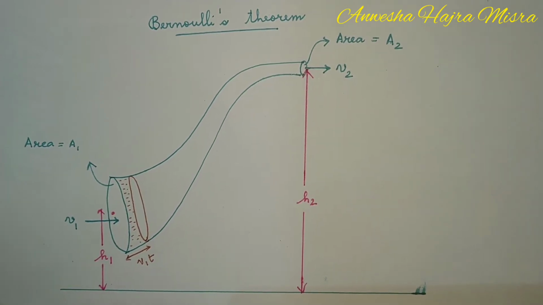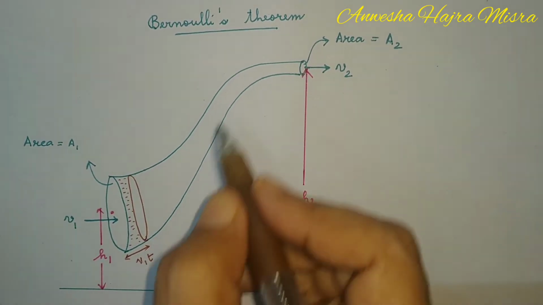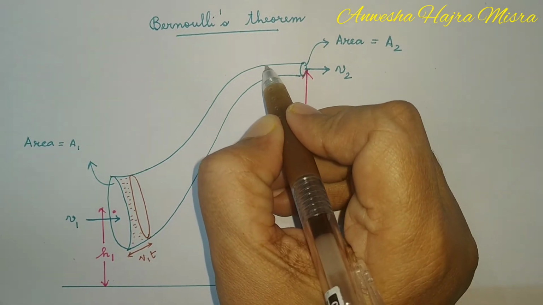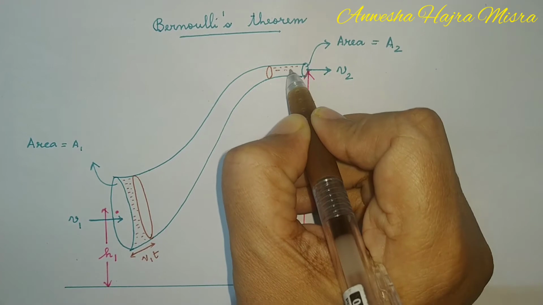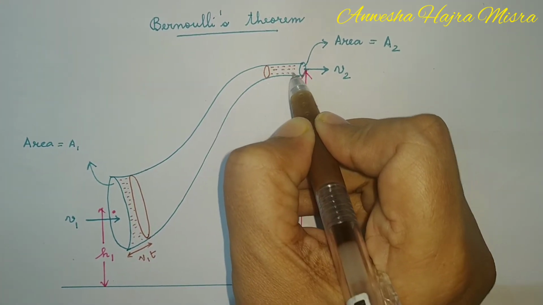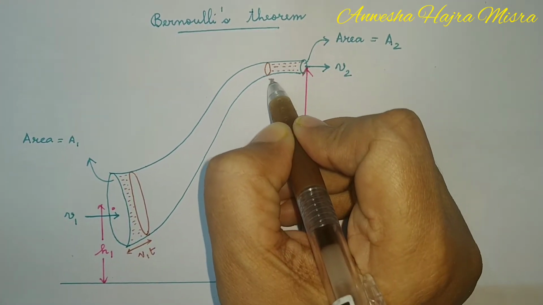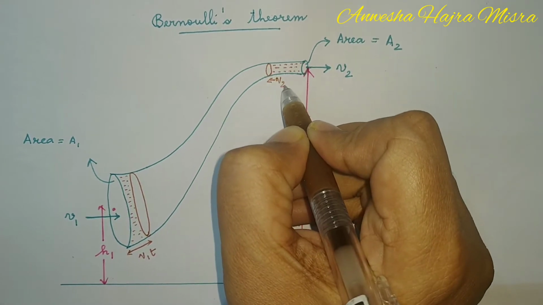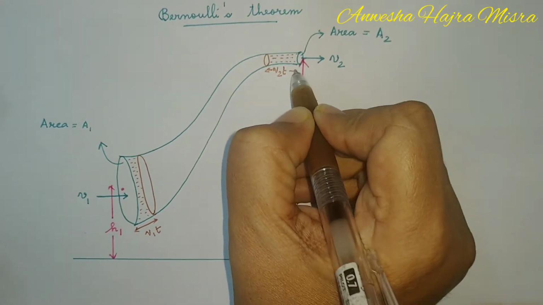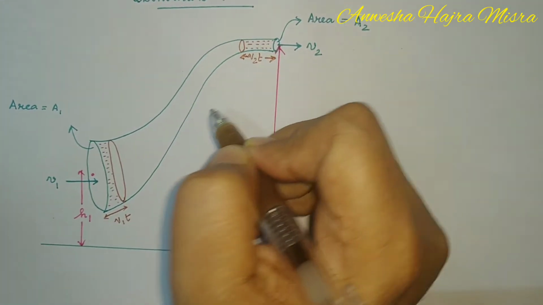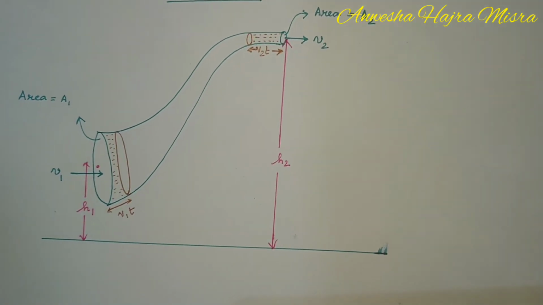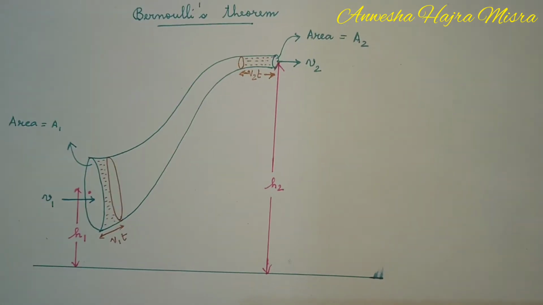In the same time, the liquid which moves out is this liquid. As we know from the equation of continuity, there is no reservoir inside, so the mass of liquid entering equals the mass of liquid leaving.